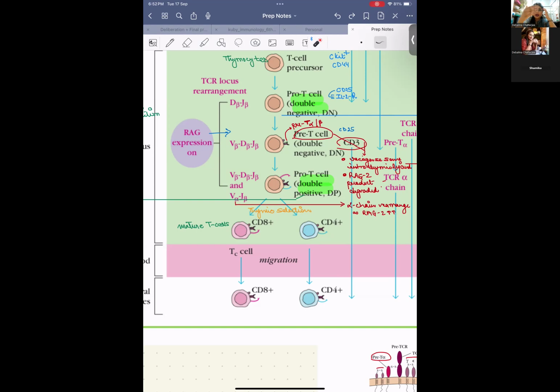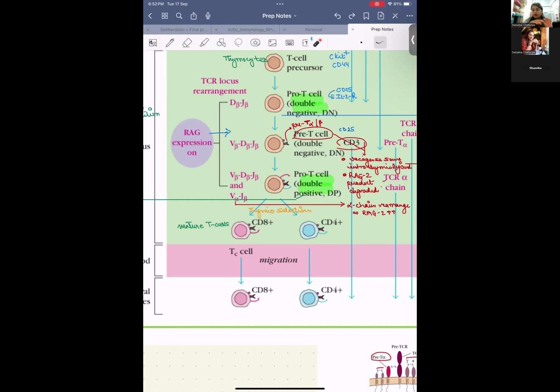But because RAG2 is now getting quickly degraded, of the 10 molecules formed per second, only 2 molecules remain per second. These are just random figures I am giving you, right? So 2 molecules remain and the rest of the 8 are degraded. So these 2 alone are not effective to bring about recombination while the proliferation signal is still on.